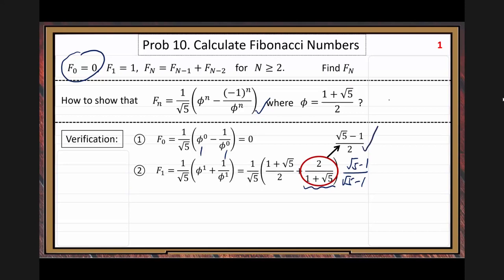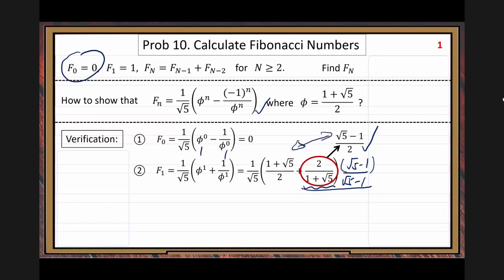Okay? Root 5 minus 1 over 2. Because here the denominator is 4. 4 and 2, you cancel out 2, you have 2 left. Then in the numerator, you only have root 5 minus 1. All right. These two numbers, you add them up.